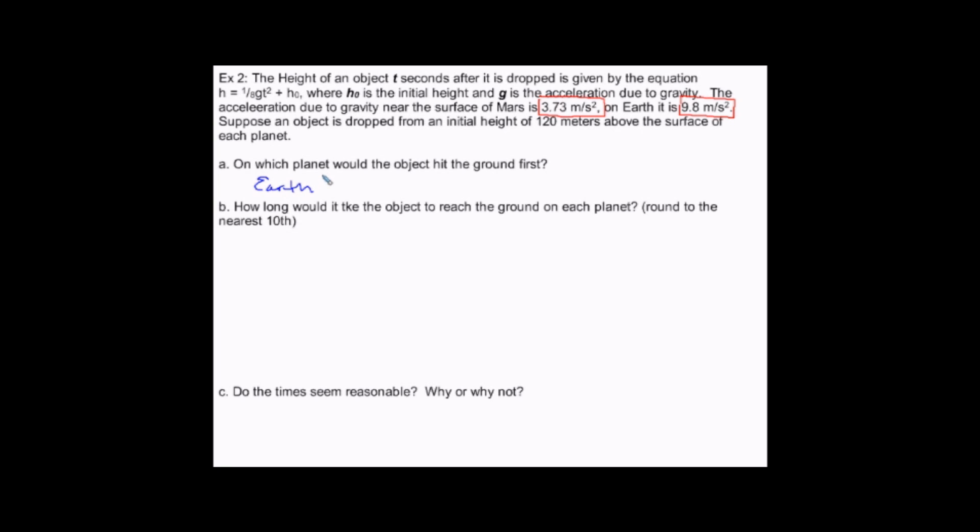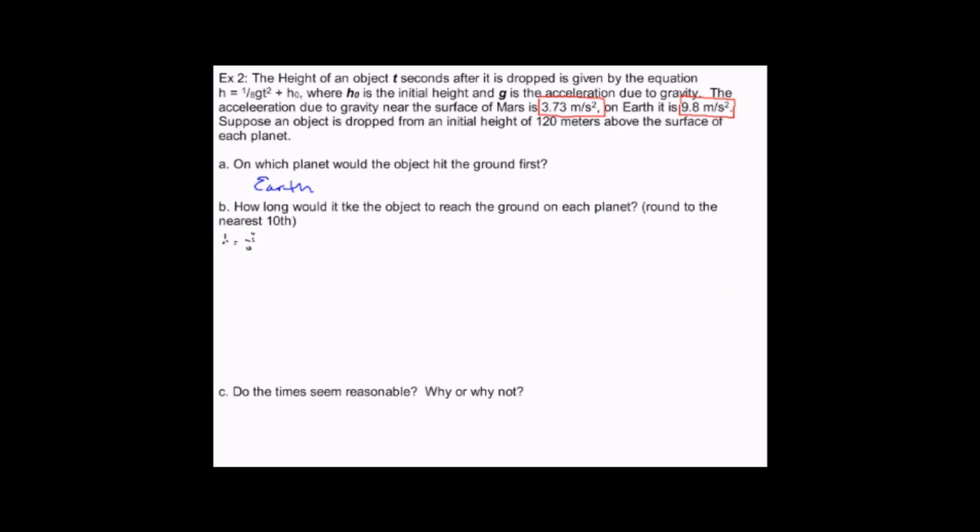How long will it take the object to reach the ground on each planet? We're going to have to solve for t. Okay. That will make this height. So we'll start with h is equal to 1/8. Wow, my handwriting's not very good on this one.